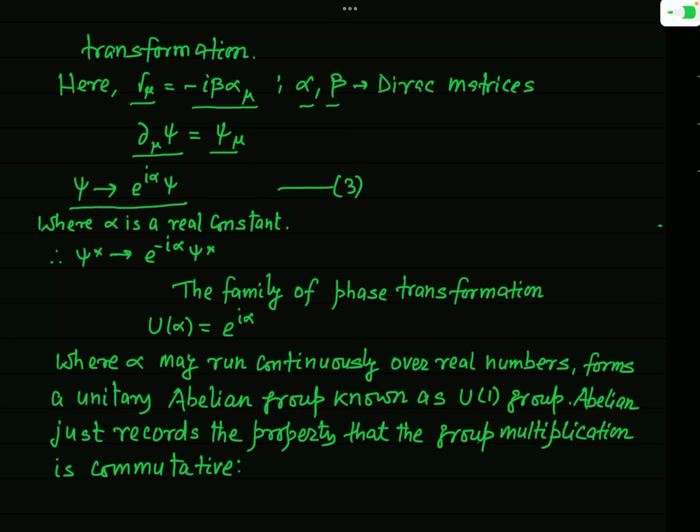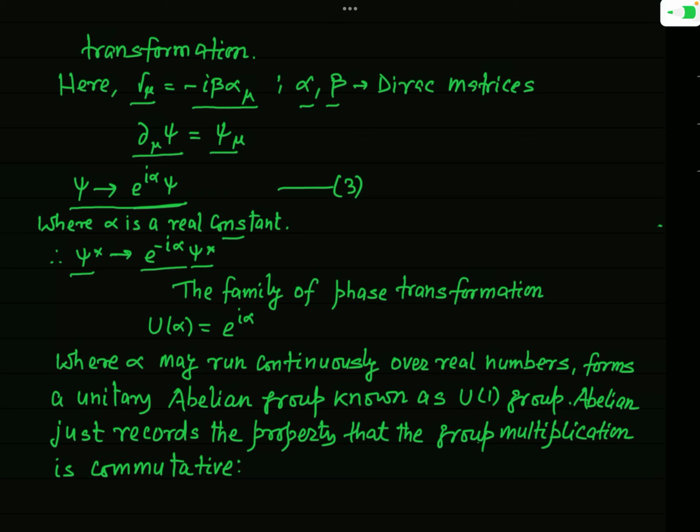This psi will be changed into e to the power i alpha psi, where alpha is a real constant. So if psi goes to e to the power i alpha psi, then its complex conjugate psi star, what will this be? This will be e raised to the power minus i alpha psi star. Okay.